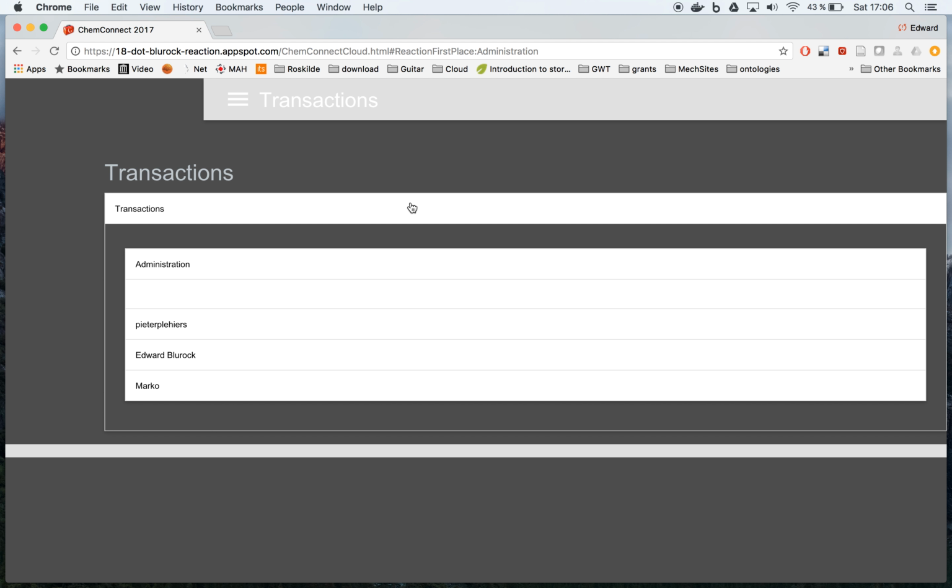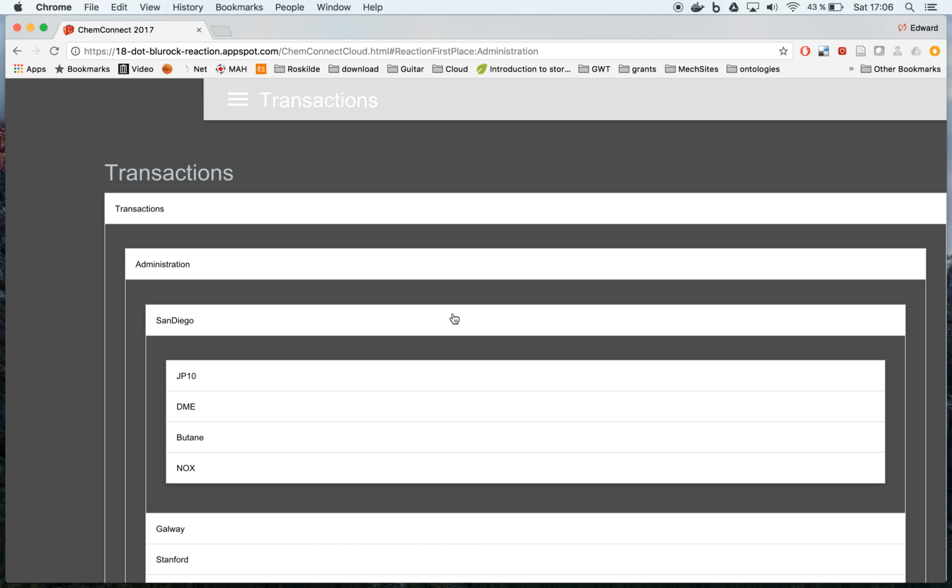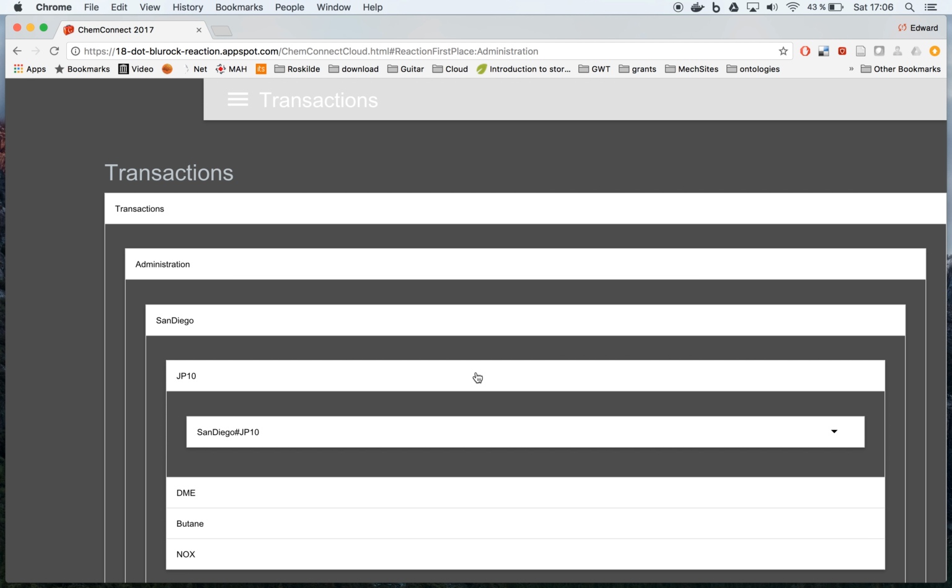We look at the transactions that, for example, the user administration came in, and then it's divided up into the actual data sets that are coming in from San Diego, this particular data set, JP.